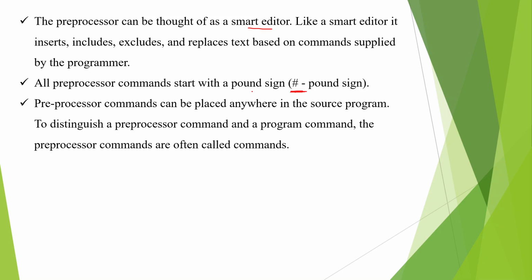But where you can use them: anywhere in your program, anywhere in your source code. The definition must go in the topmost section, that is the preprocessor commands section, and the usage can go anywhere in your program. Hope you understood.